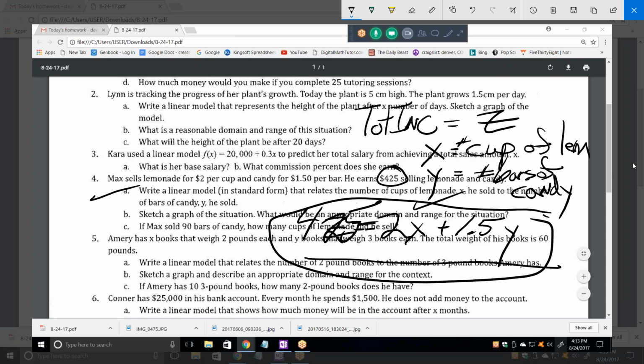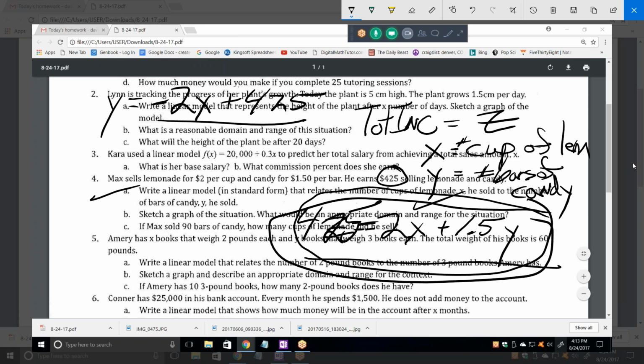The sub-point that's not important at this point. However, now it says sketch that. Well, in order to sketch it, let's put it in terms of y equals mx plus b. Okay? Well, the first thing I'm going to do is take my 2x to the other side. So there's a 425 already over there, and now I've got to divide everything by 1.5.